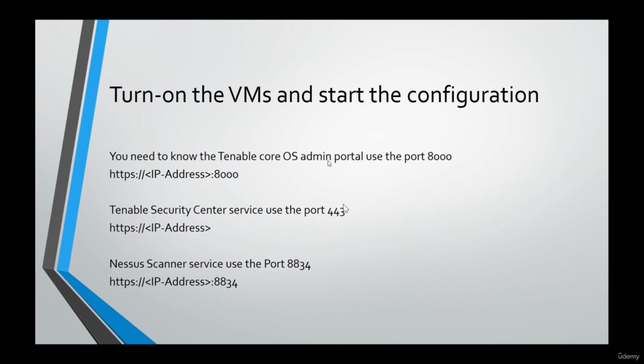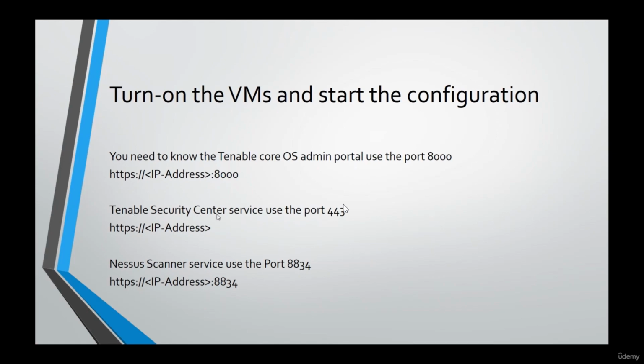You need to make sure to understand these ports. First port is 8000. This port is used to administrate the Tenable instance. You can say that you can administrate the OS instead of going to the CLI. It will be used through this portal.